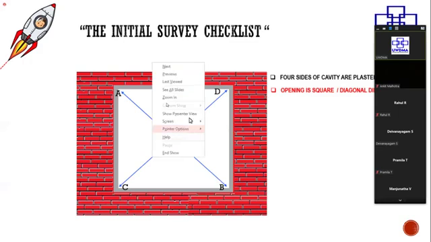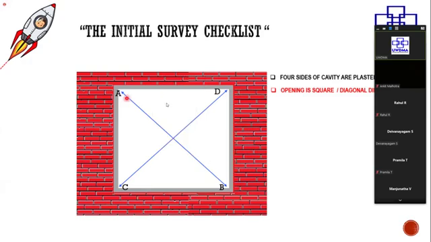So you need to measure the opening, A to B and C to D. If you subtract, AB minus CD should never be more than 10 mm, because if it is more than 10 mm, there will be a huge problem while fixing and aligning your windows.